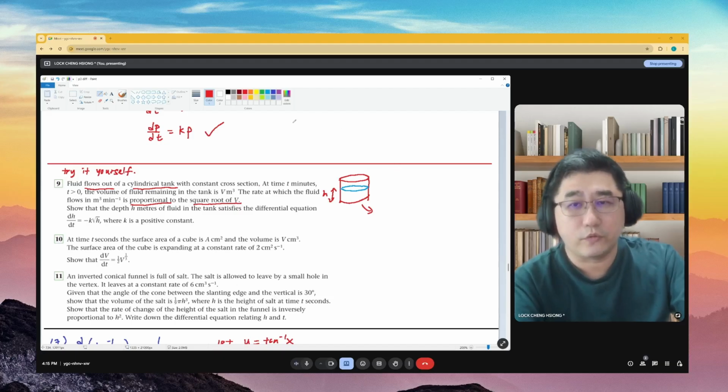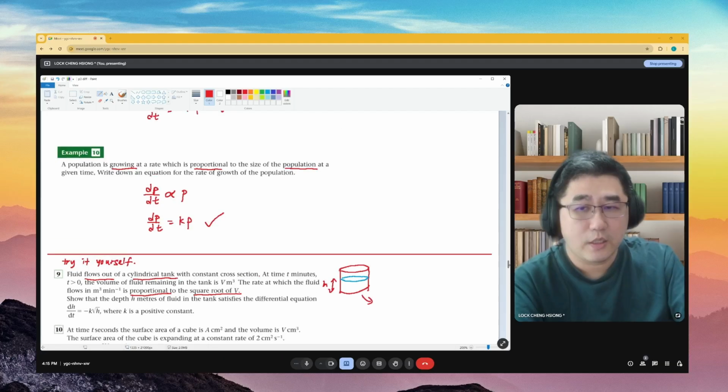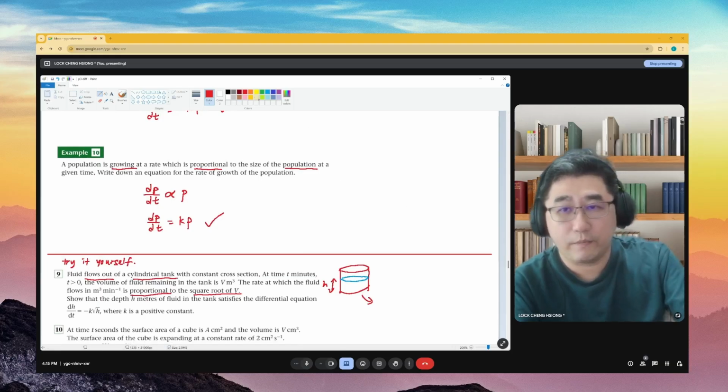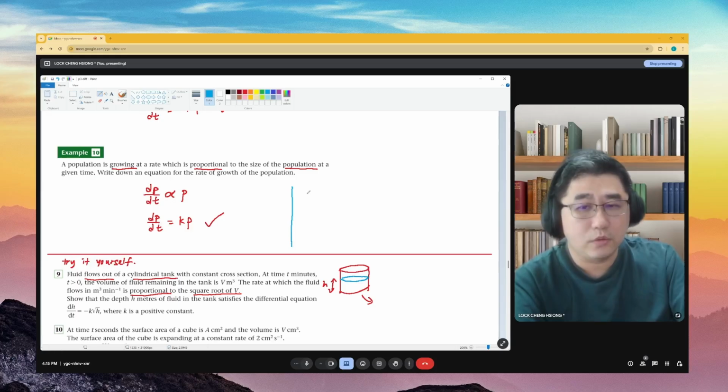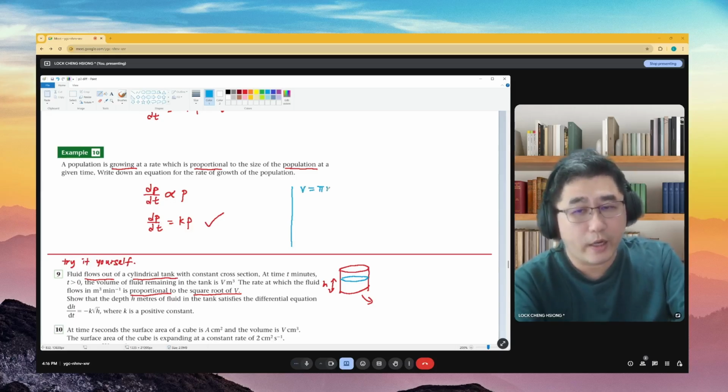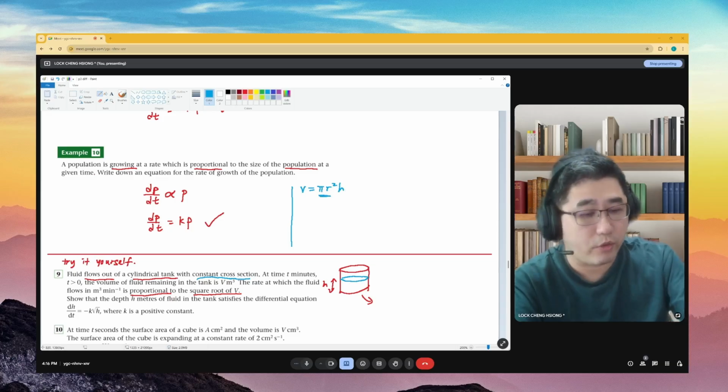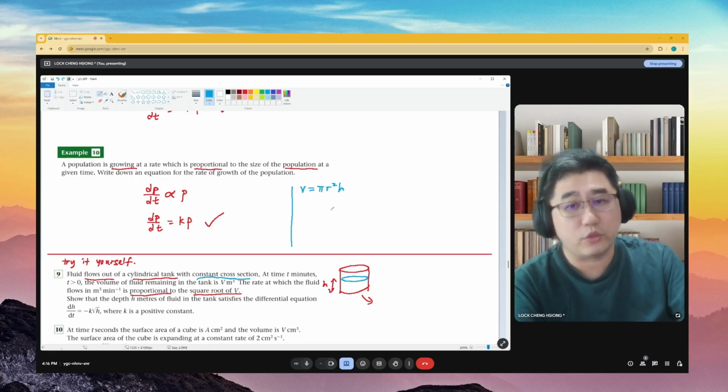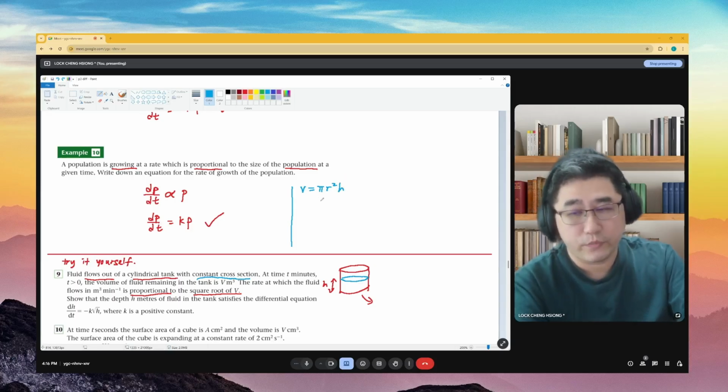To save some space, let me write it up there. So I have V equals pi r squared h. It's a constant cross section, so this pi r squared has no changes and will remain the same number. So it will change according to the h that we have.